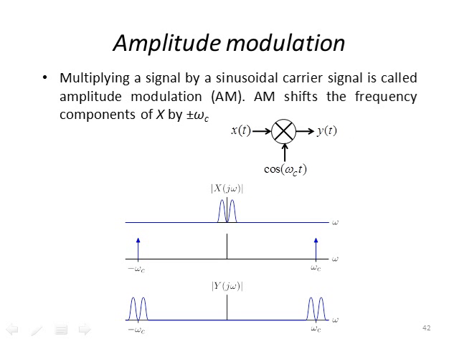In amplitude modulation, we want to multiply a signal by a sinusoid carrier, and this is called amplitude modulation. And AM shifts the frequency components of X by plus or minus omega C. So we have our input signal, and we multiply by cosine omega C, and then our output is going to be the multiplication of x of t times cosine omega C. And then you can see the frequency.